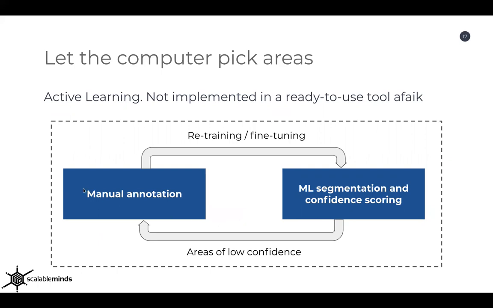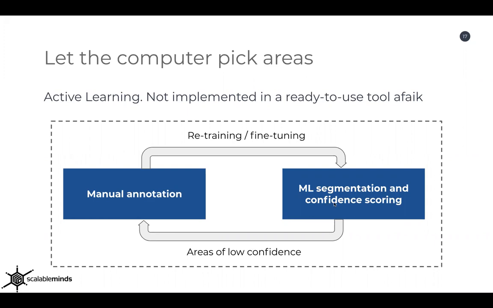So you start out with some basic annotations and train a model from that, and then the machine learning system will not only produce a segmentation or a prediction, but also give you a confidence score. Areas of low confidence will be fed back to the user. There you can add some more annotations, train again, and again get some confidence scores.